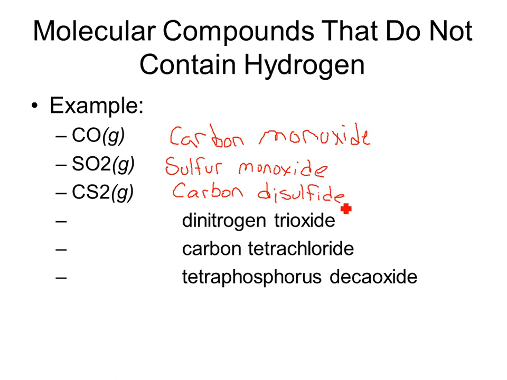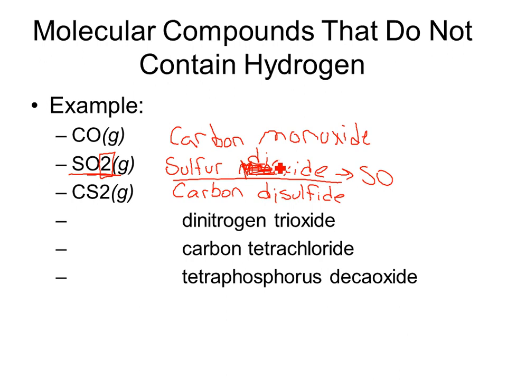I just noticed I made a mistake here. If we look back at this one, I have SO2, not SO, because I wrote monoxide. So if we just get rid of the mono part and scratch that out, because we have a 2 here, it is dioxide. So we have sulfur dioxide.